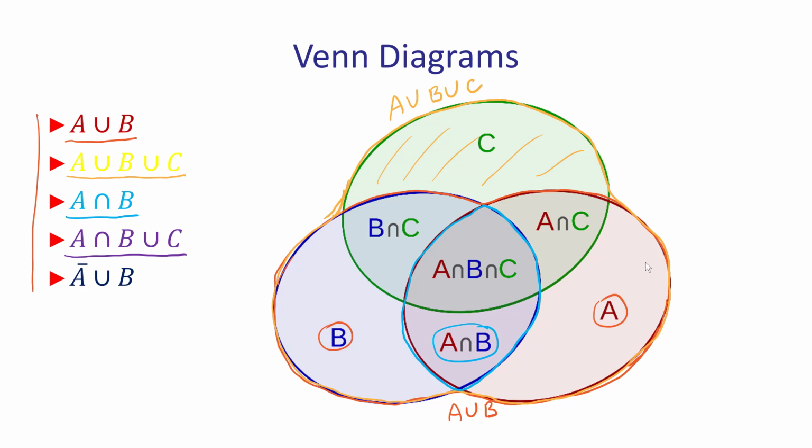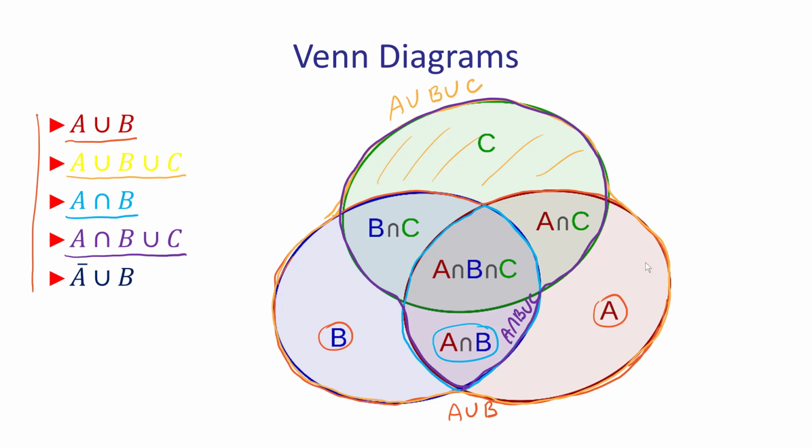Now, A intersection with B we've got just a second ago, and now we need to add to that also all of the area of C, which means the overall thing will look like that. This will be A intersection B union C.